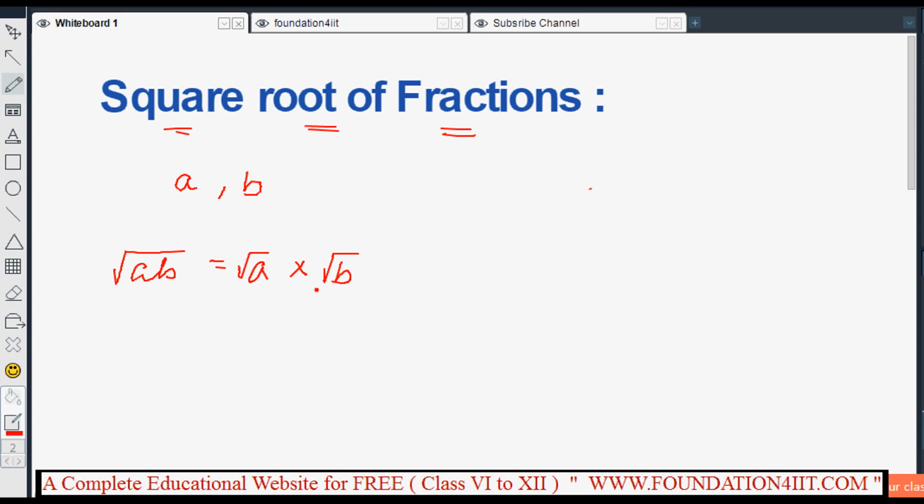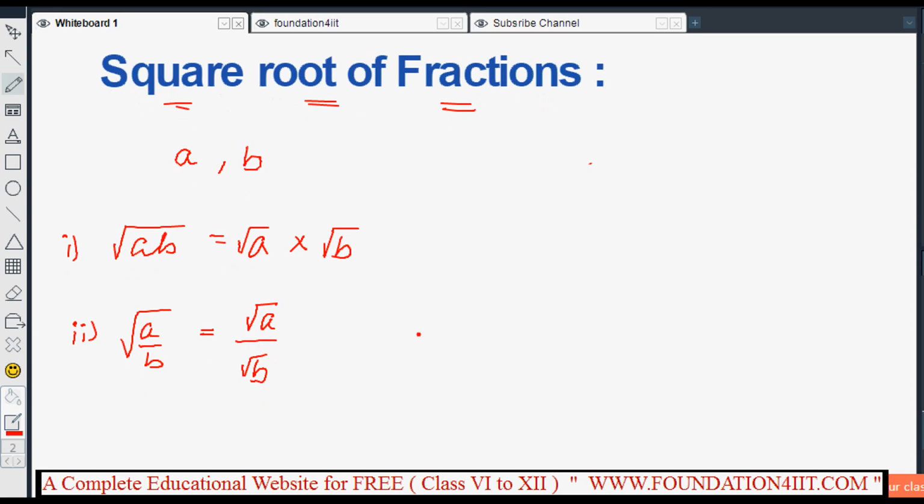You know it. Similarly, the square root of a by b is equal to the square root of a divided by the square root of b. Using these two properties, we can find the square root of fractions.